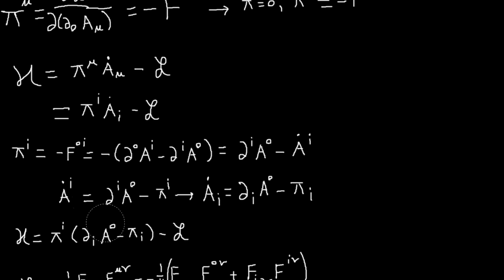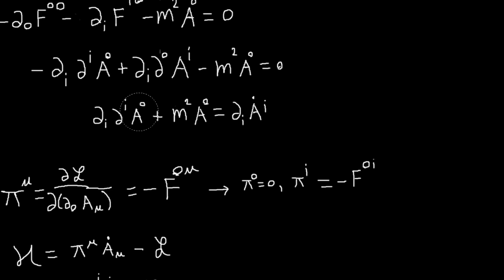So that's all fine, but there's a problem in that our Lagrangian density will have these two terms, and this term involves all the derivatives of A. So it will contain some Ȧ terms, and we need to rewrite those in terms of our conjugate momenta.